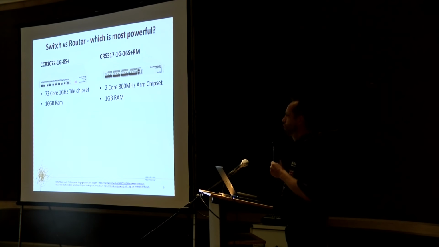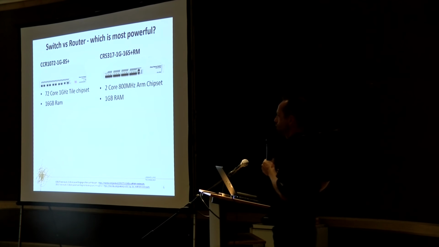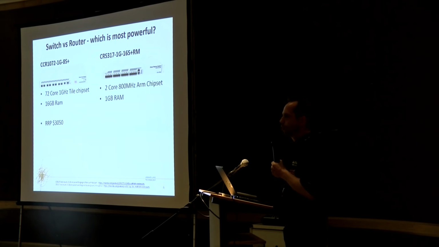So I've taken two high-end MikroTiks, the CRS 1072, 72 cores, 16 gig of RAM. If we put it against the CRS 317 with considerably less CPU grunt and a lot less RAM, you may wonder which unit is best.